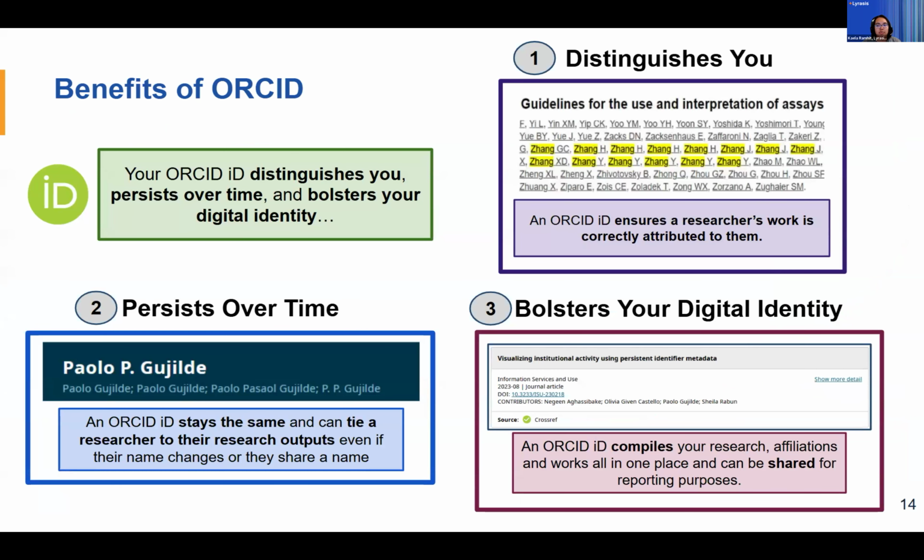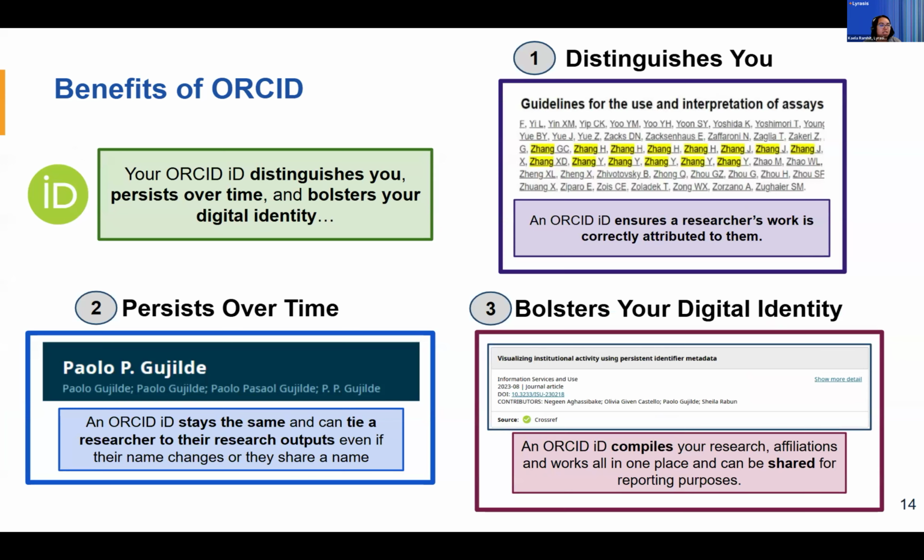The ORCID ID can help distinguish you as a researcher or a contributor, making sure that your contributions are correctly attributed to you and not someone else who may share the same name as you. That ORCID ID is unique to you and persists over time, even if your name or anything in your life changes. You can see this example here, all the names that are very similar. That ORCID ID can help ensure that everything is connected to you.